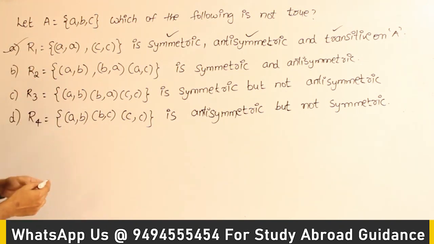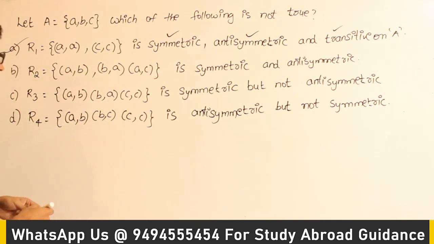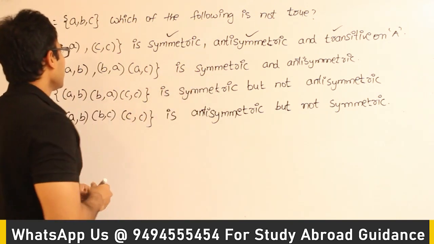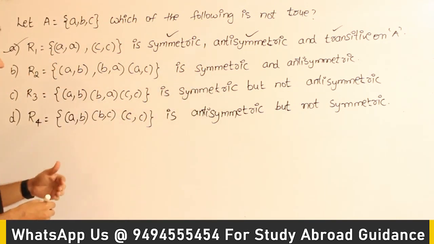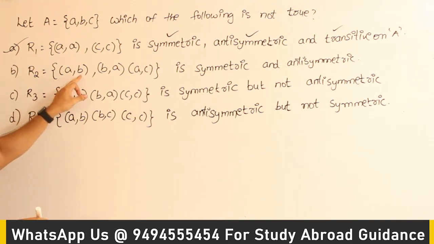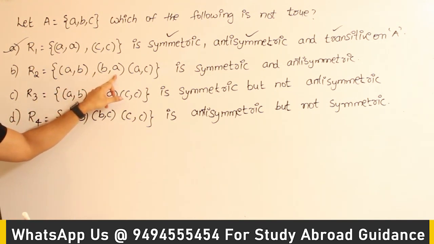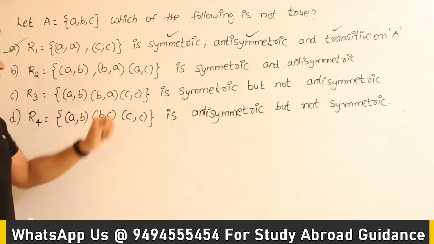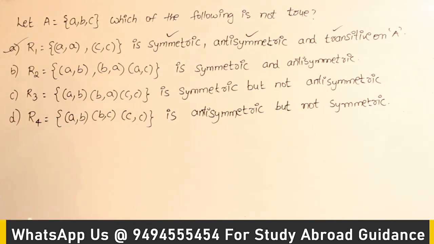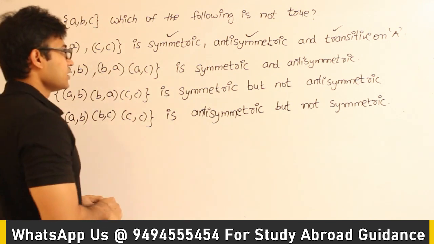Now next one, R2. They are giving that R2 contains these three elements. Is it true or false? They are saying that it is symmetric. If it has to be symmetric, then for every element (a,b) there should be (b,a). See this, (a,b) is present and (b,a) is present. But if you look at this element (a,c), we don't have (c,a), therefore we cannot say that it is symmetric.